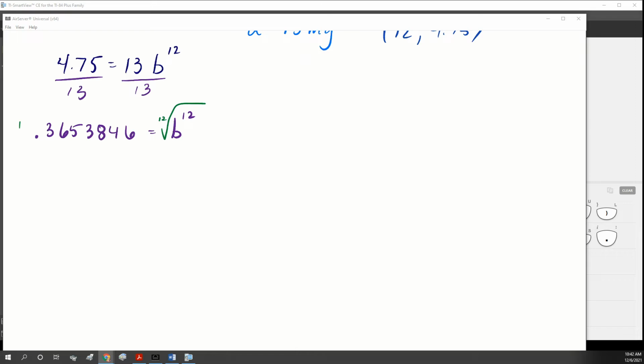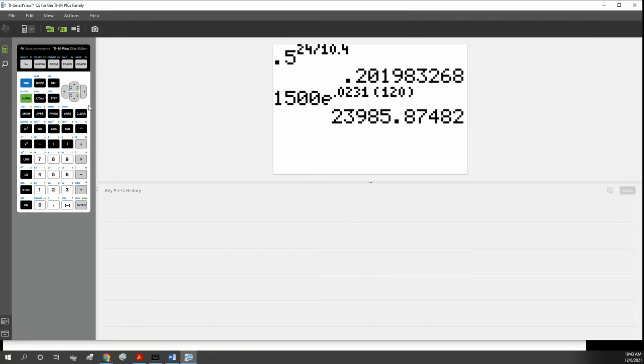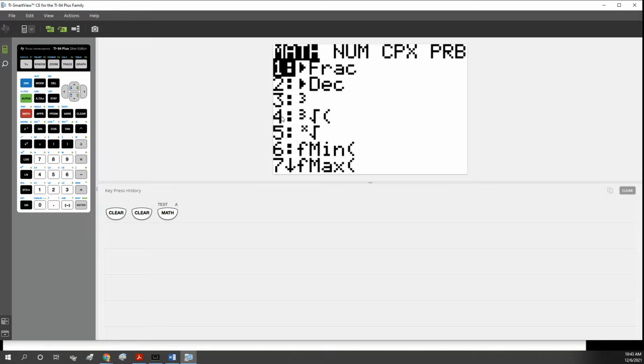All right, so I'm going to show you how to do the 12th root in the calculator. Which one is cube root? So cube root is just number 4. If you hit math and then number 4.